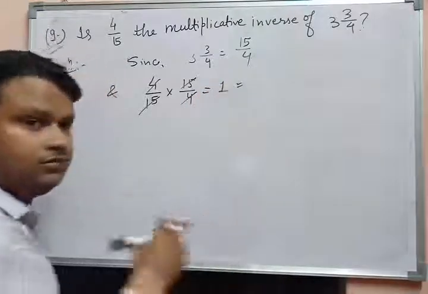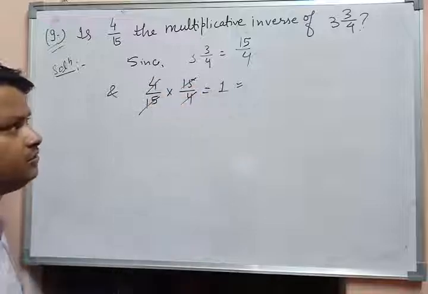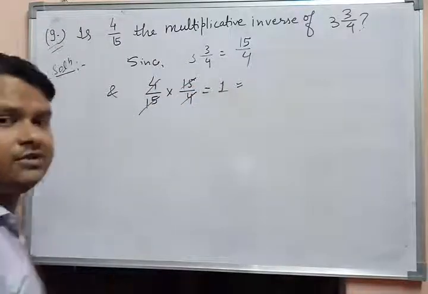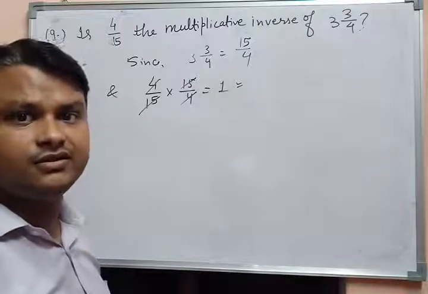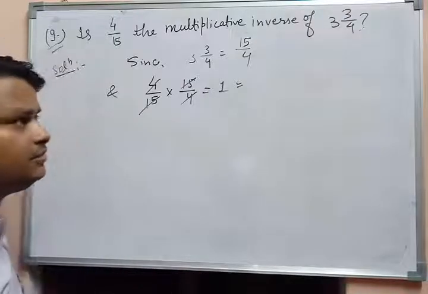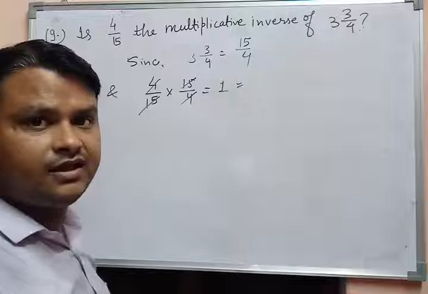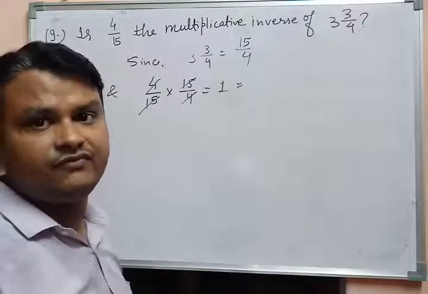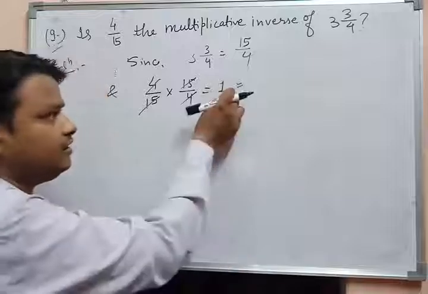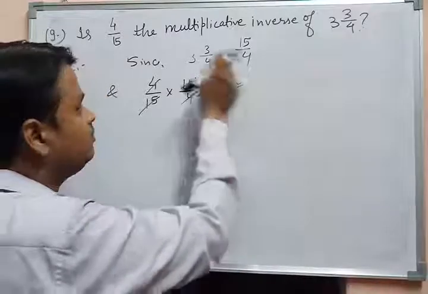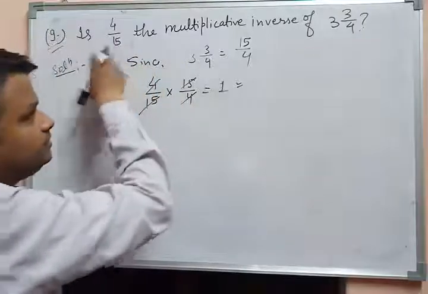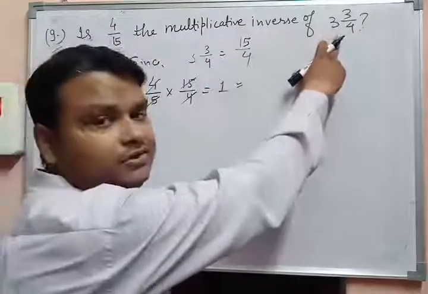Before this question I told you what a multiplicative inverse is. A multiplicative inverse is the number which, when multiplied with the rational number, gives the result 1. So here we get the result 1. So 4/15 is the multiplicative inverse of this number.